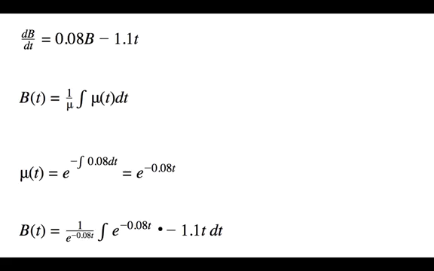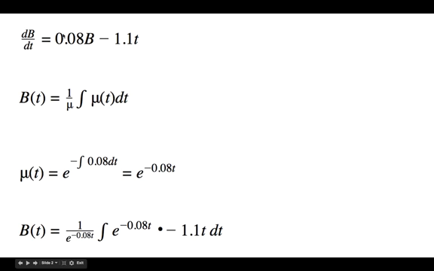So what we're going to do to find b of t is we're going to use the integrating factors, which uses mu. So it equals 1 over mu times the integral of mu of t dt. And mu of t in this case is just going to be 0.08. So mu of t equals e to the negative integral of your a of t.